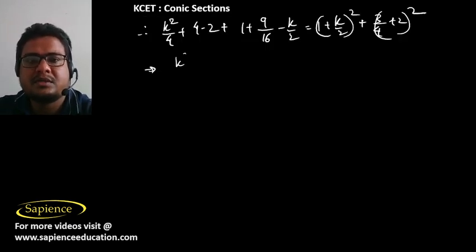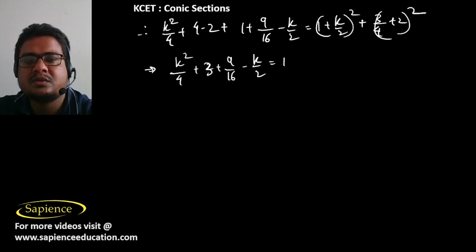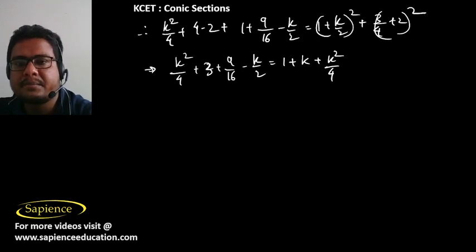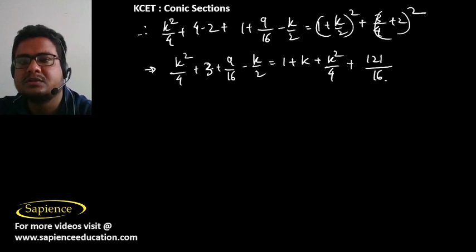So this will be k square by 4 plus 2 plus 1, that is 3, plus 9 by 16 minus k by 2, equal to 1 plus 2k, 2 into k by 2, that is k, plus k square by 4, plus 11 by 4 whole square, so it is 121 by 16.